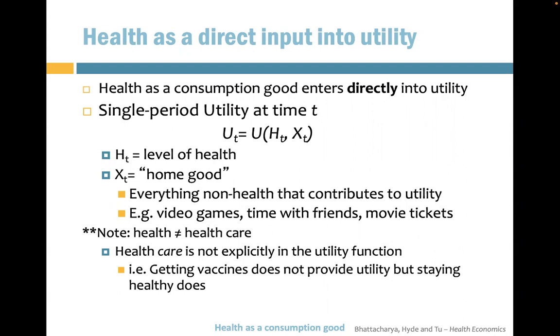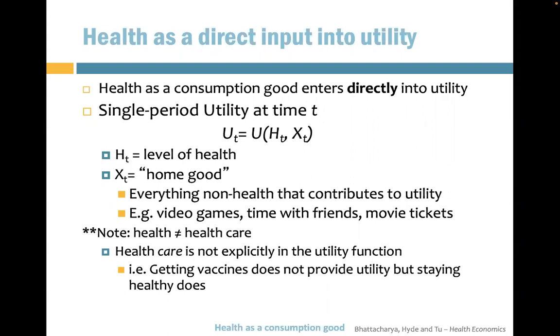Here, note that health is not healthcare. Healthcare, we discussed in the last chapter. It means different healthcare services, inpatient, outpatient, ER, all of those things that we receive. But health here is more of a healthiness, how healthy a person is, as H_t. So healthcare is not explicitly in the utility function.